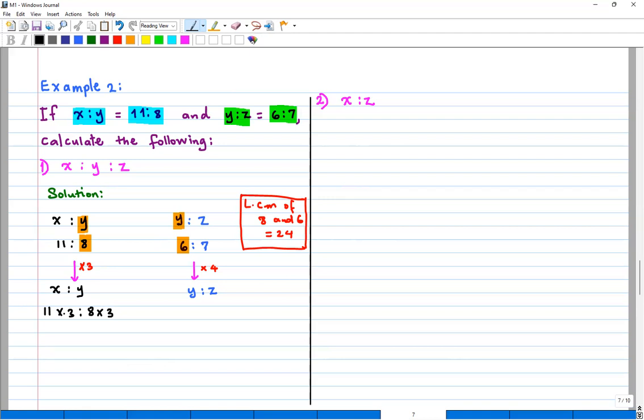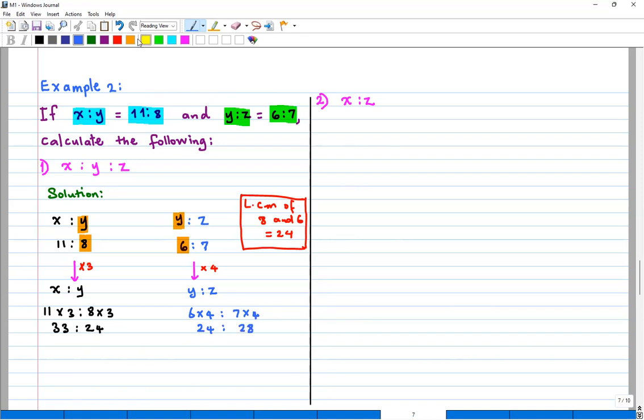Okay? And this will be 33 to 24. In this part, we are going to have 6 times 4 to 7 times 4. 6 times 4 is 24, and 7 times 4 is 28.